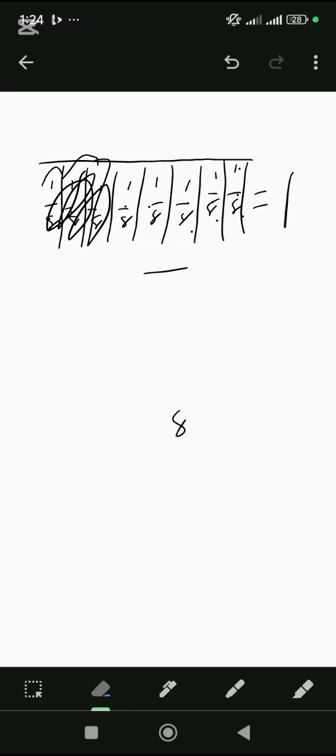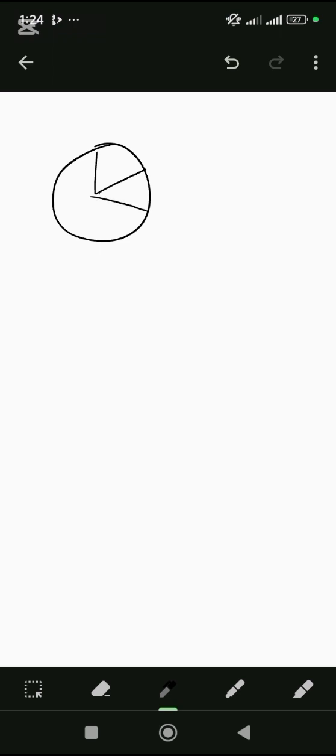And so if we have something like this, again, a circle divided into parts, and we have this part shaded, so we have 1, 2, 3, 4, 5, 6. Of course, this is 1/6, because we are concentrating on the shaded part.